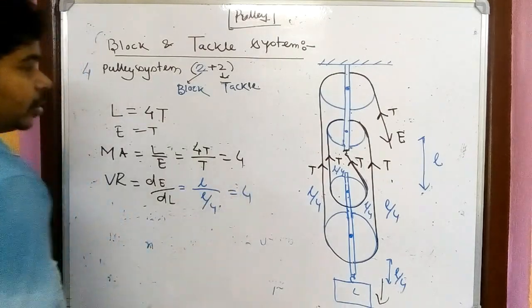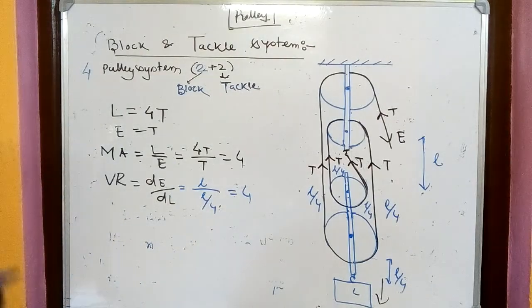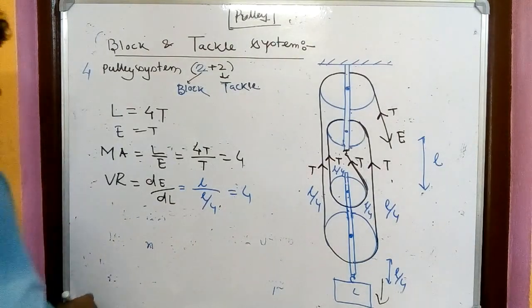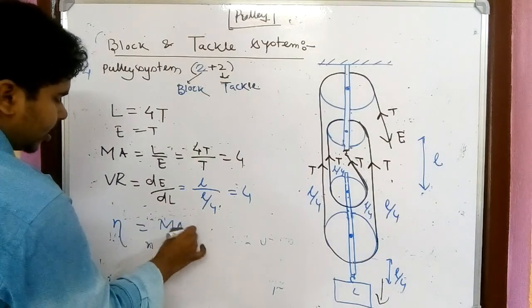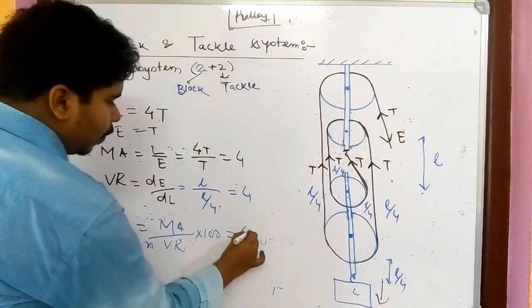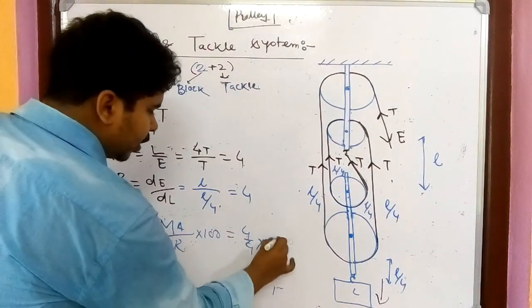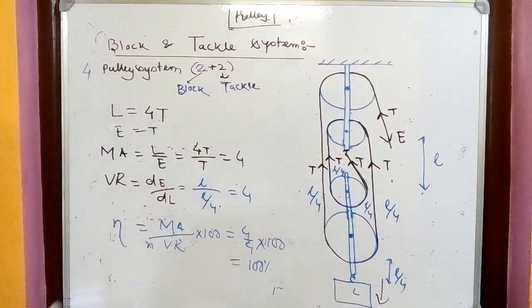So it is 4. What we told earlier, the number of pulleys should be equal to the velocity ratio. And efficiency eta equals mechanical advantage by velocity ratio into 100%, that is 4 by 4 into 100%, that is 100% efficiency. So this is the system where 4 pulleys are used.